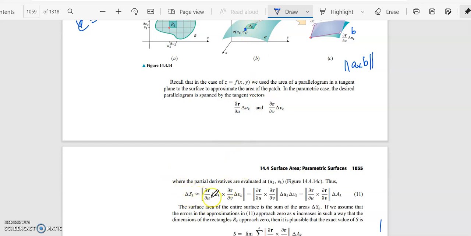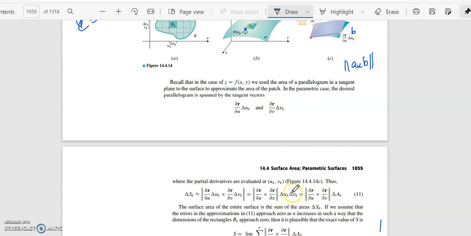So delta Sk will be given by the norm of dou r by dou u delta uk cross dou r by dou v delta vk. Now this will be equal to the norm of dou r by dou u cross dou r by dou v times delta uk delta vk.